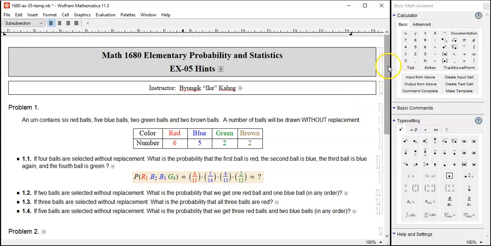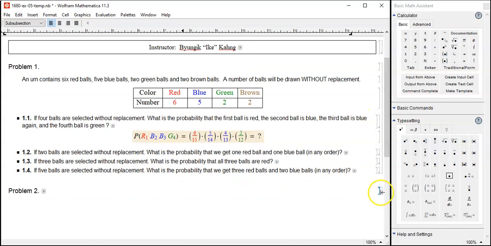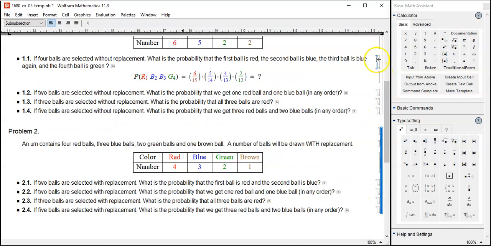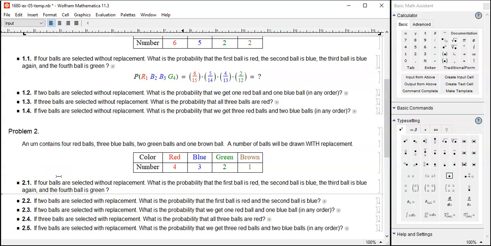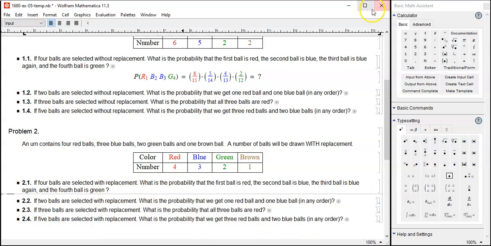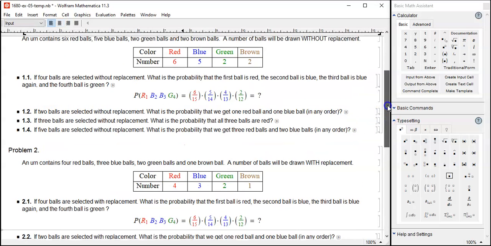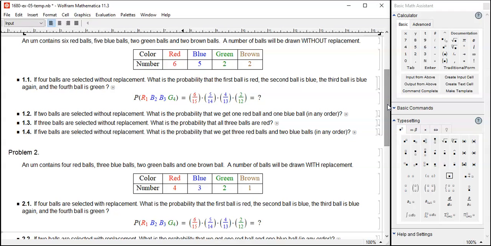Okay, all right. Let's go over to problem 2. Let me copy and paste this. And this time with replacement. So what's the change here? What's the difference between without replacement versus with replacement?